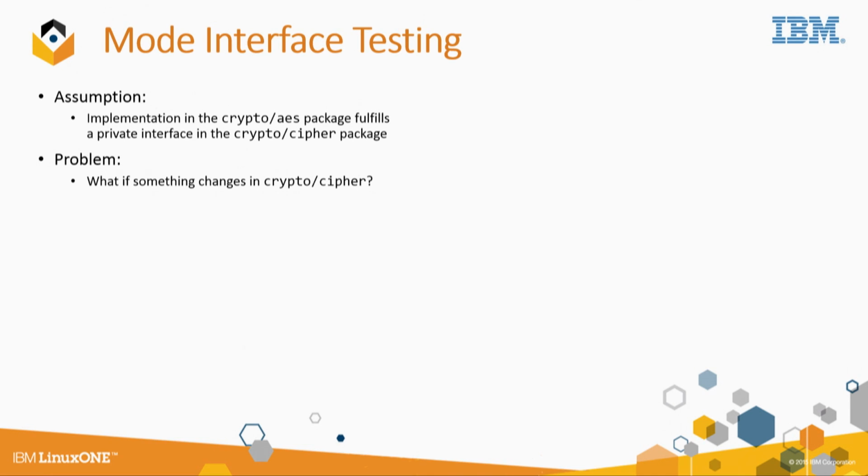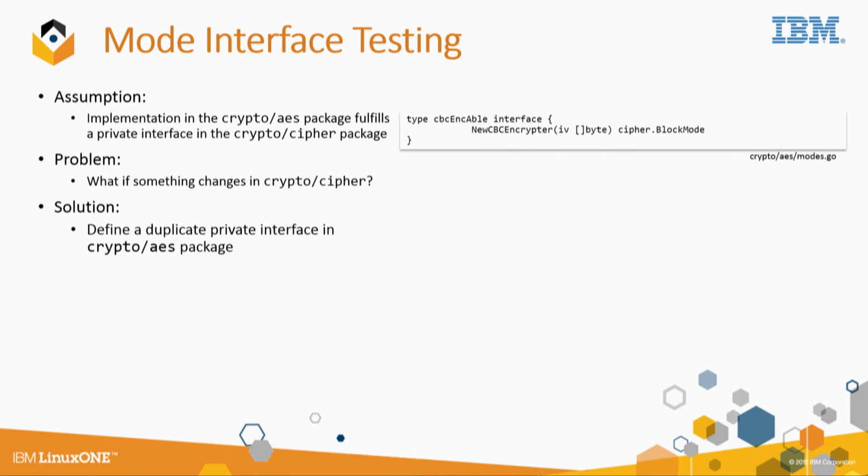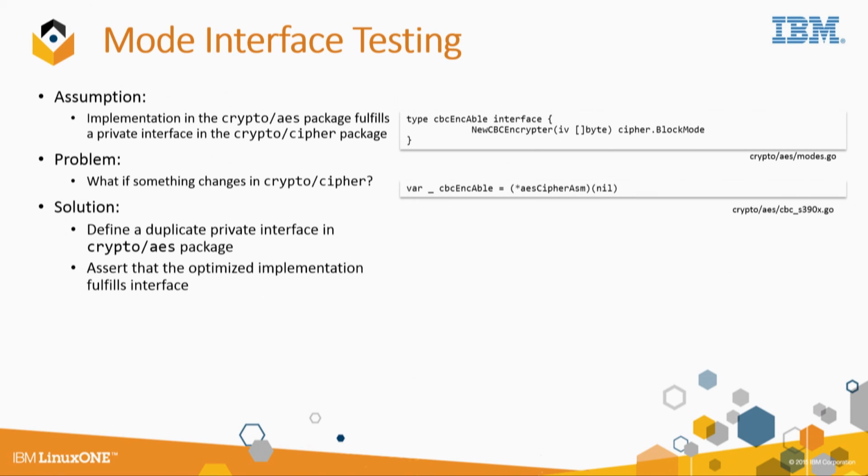The solution we came up with was to define a duplicate private interface in the AES package, and then assert that the optimized implementation fulfills that interface. This is an interesting technique that I didn't know about before, where you assert a type, and at compile time it checks that your struct actually implements the interface you're interested in.